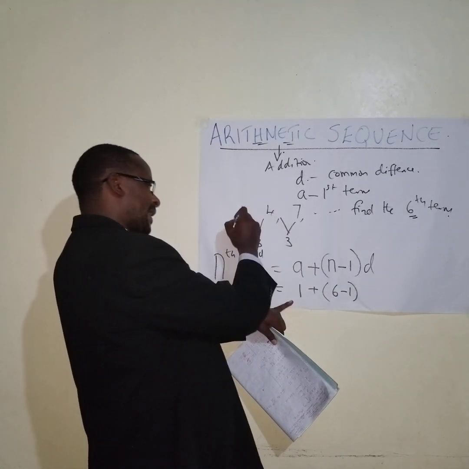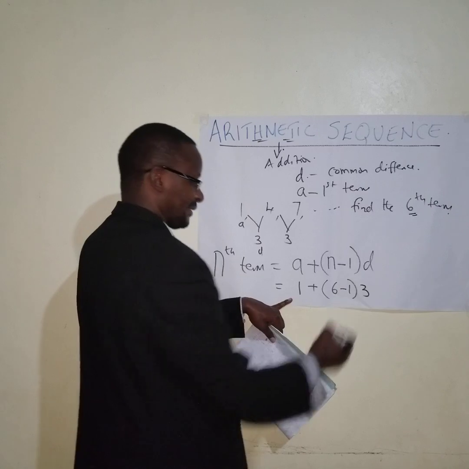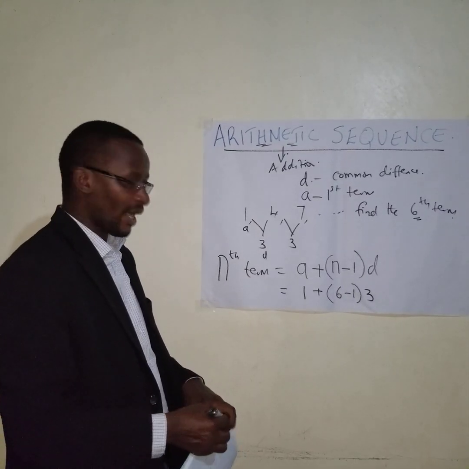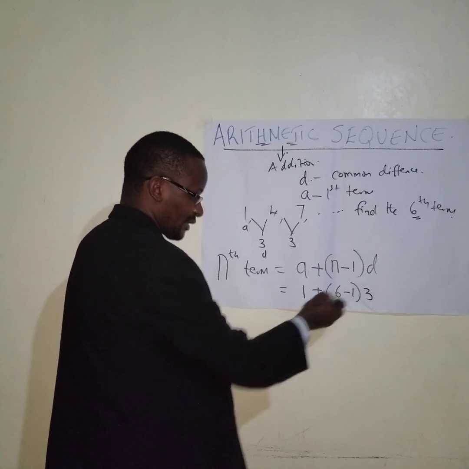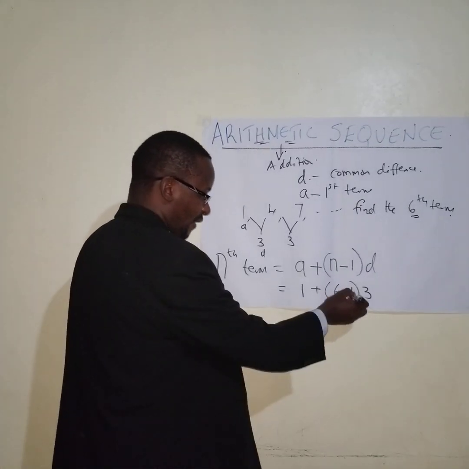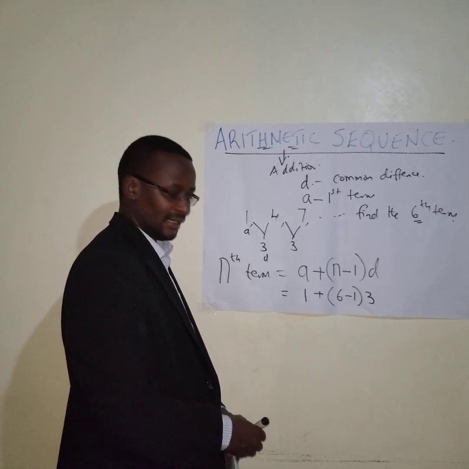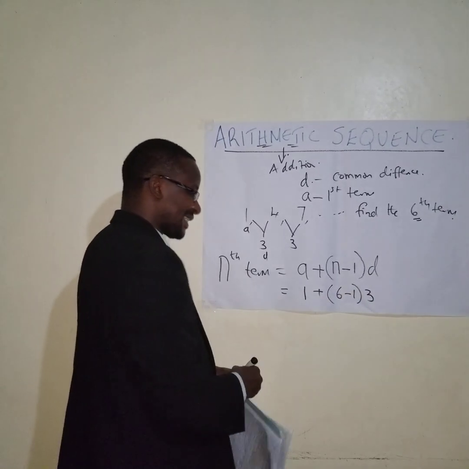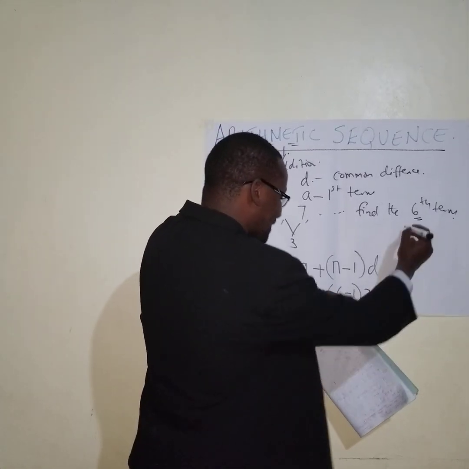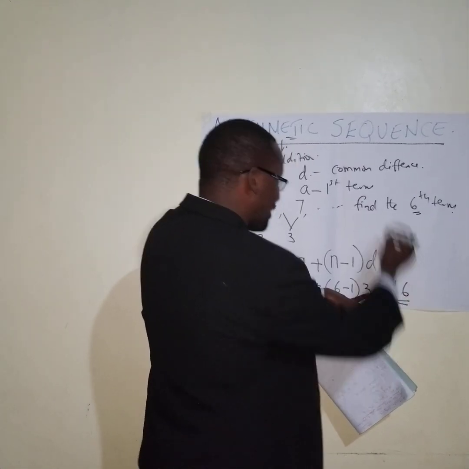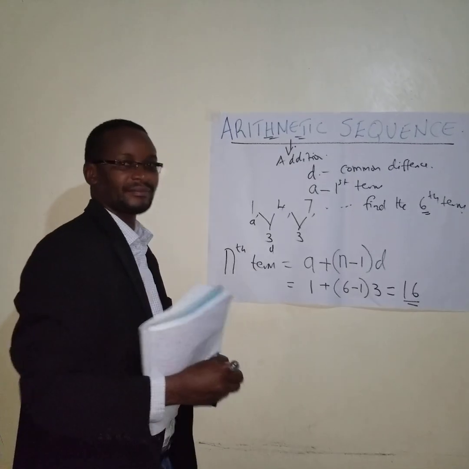D is 4 minus 1, which is 3. So you first of all work out what is in the bracket. 6 minus 1, you get 5. 5 times 3, you get 15. 15 plus 1, you get 16. So our 6th term in this sequence will be 16.